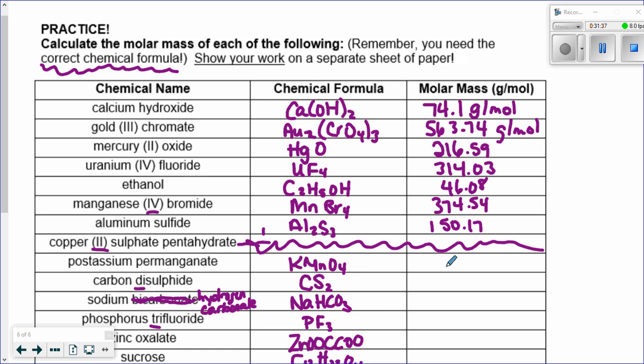Sorry, I'm trying to delete that line out of my mind. Potassium permanganate is 158.04. Carbon disulfide, 84.01.